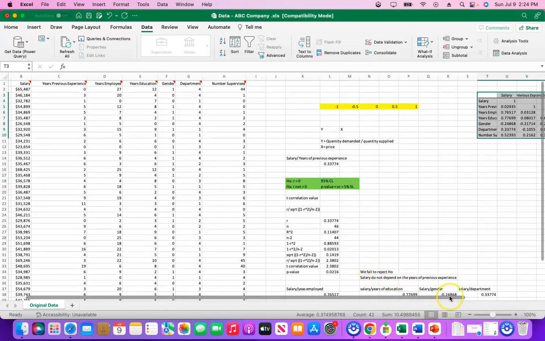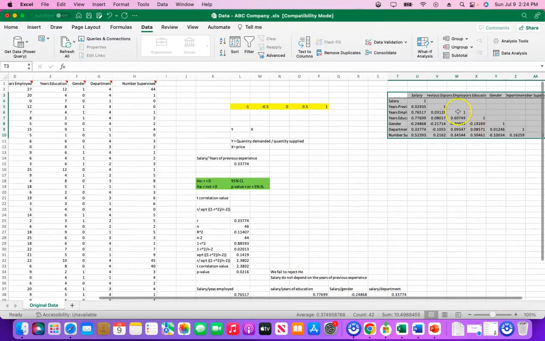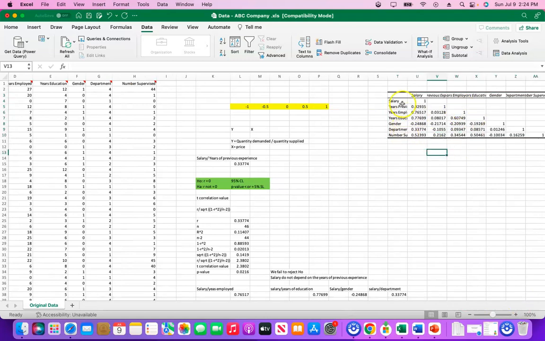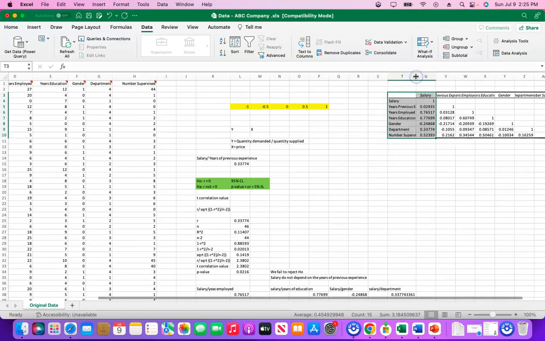And in this case, you will see that we have this matrix. And if we pick up the first row, the first two columns, sorry, you'll see that it will give us correlation between salary and salary itself, correlation between salary and years of previous experience, salary and years employed, salary and years of education, with gender, department, and the number supervised.